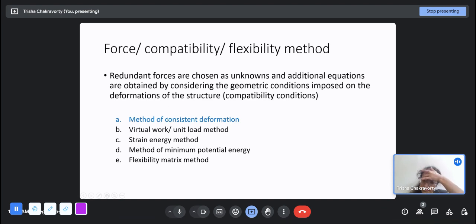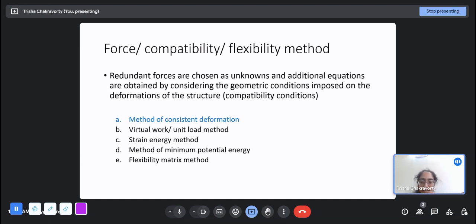The method of consistent deformation is applied to beams, trusses, or frames, and basically we take the number of redundant forces. If the structure is n degree indeterminate, then we will have n redundant forces, and we will also have corresponding n compatibility conditions.